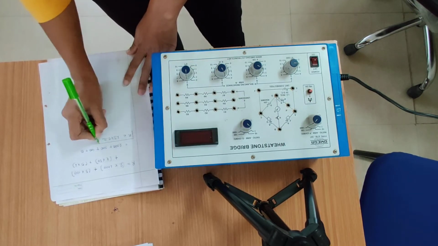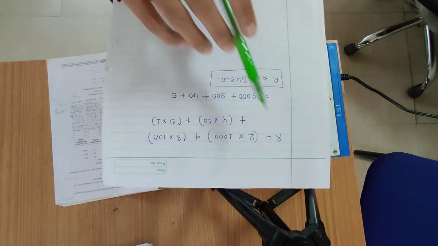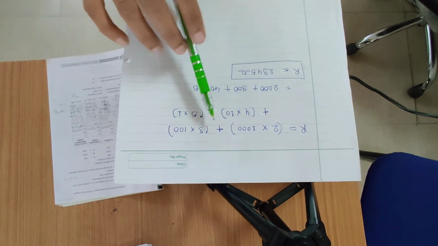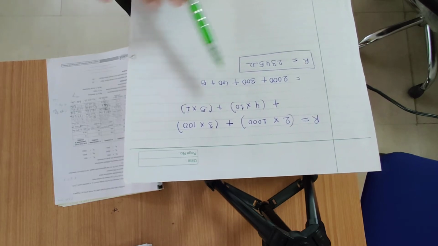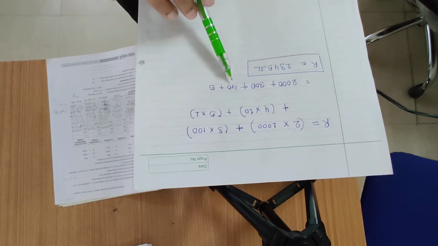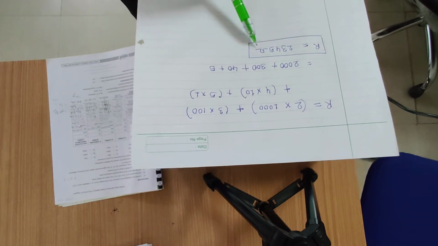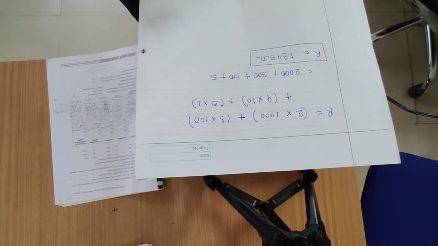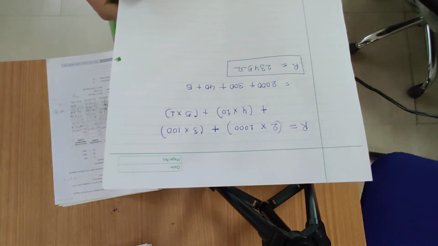This is the final value of resistor R for this knob configuration. You can see this. R equals 2 into 1000 plus 3 into 100 plus 4 into 10 plus 5 into 1. That is 2000 plus 300 plus 40 plus 5, and the final value of R is 2345 ohm. This is the way we calculate the value of arm R.